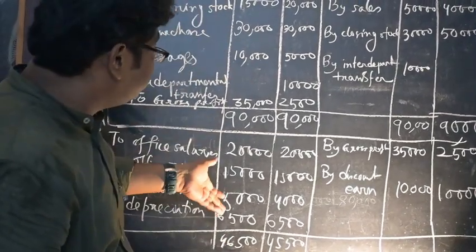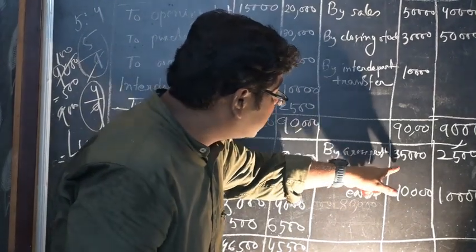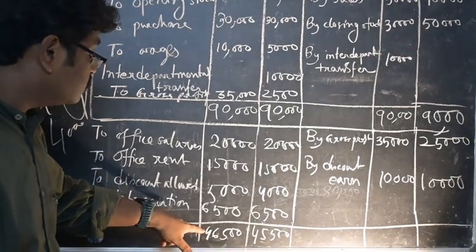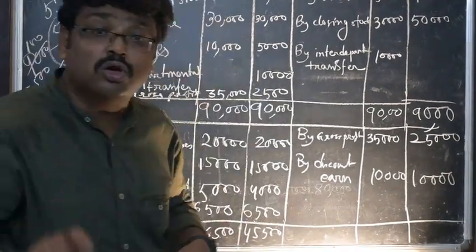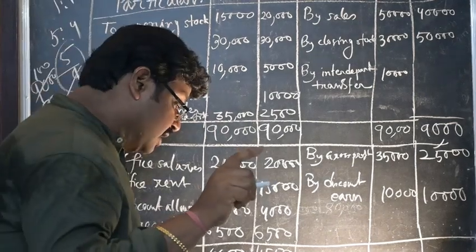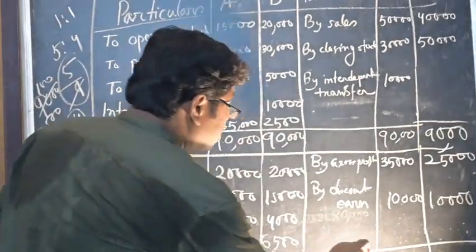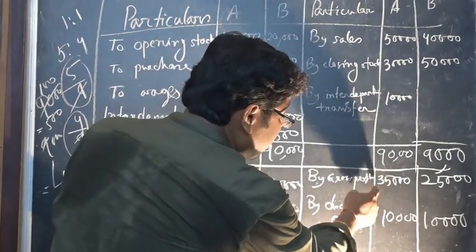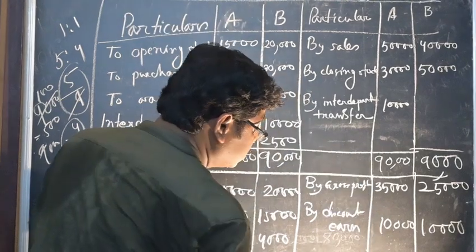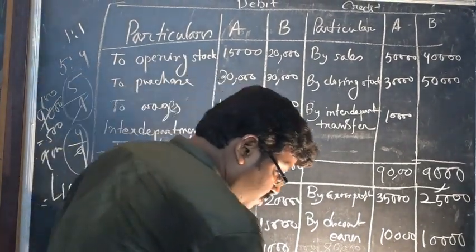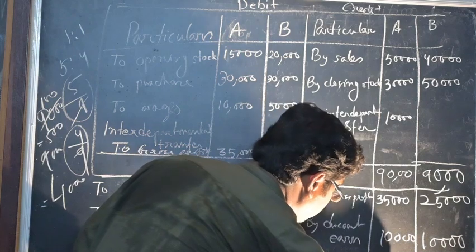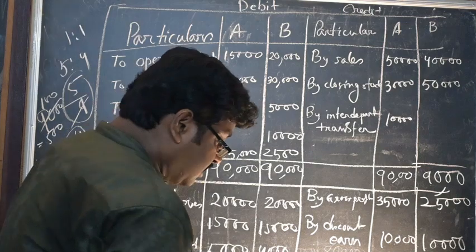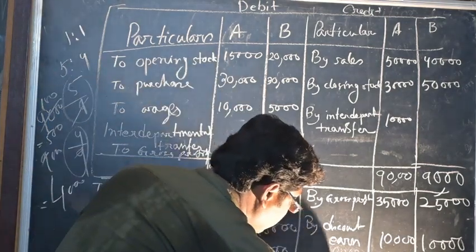For department A, the debit side is higher than the credit side of 35,000 and 10,000, which is 45,000. So there is a net loss for department A, and the loss will be 46,500 minus the sum of 35,000 and 10,000, which is 15,000 net loss.